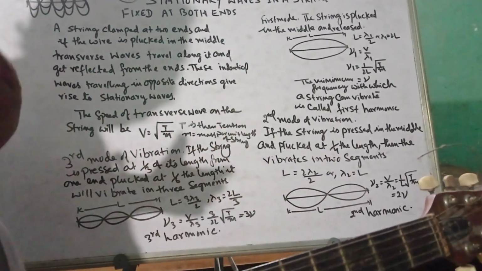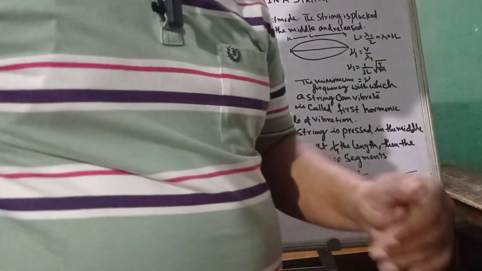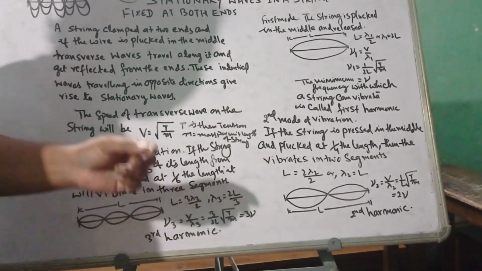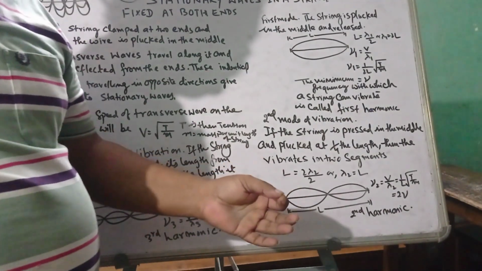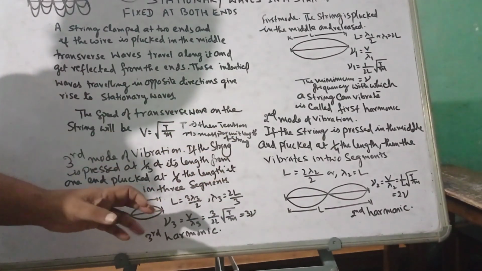So a person who is singing at a high scale, that means his frequency is high. When a person is singing at a high frequency, the sound is more clear.